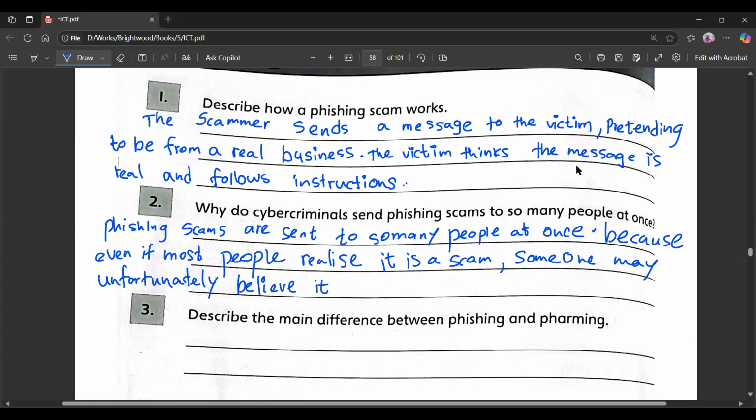That one is catchy. So phishing scams are sent to so many people at once, because even if most people realize it is a scam, unfortunately someone may believe it is real.